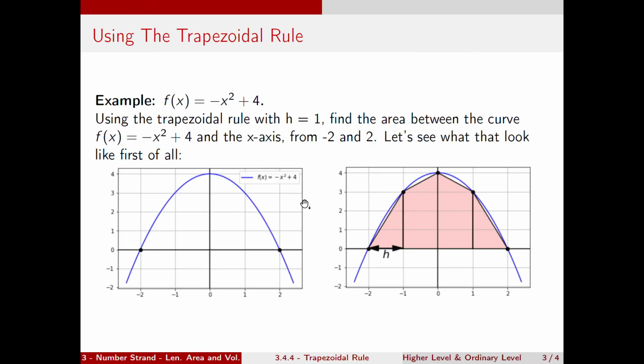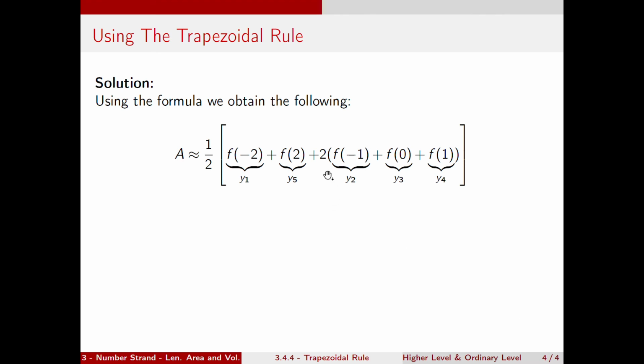Again, the far right point in this diagram, the height when x is equal to 2. We then have plus 2 times f of minus 1 plus f of 0 plus f of 1. And again, this is y2, y3, and y4.